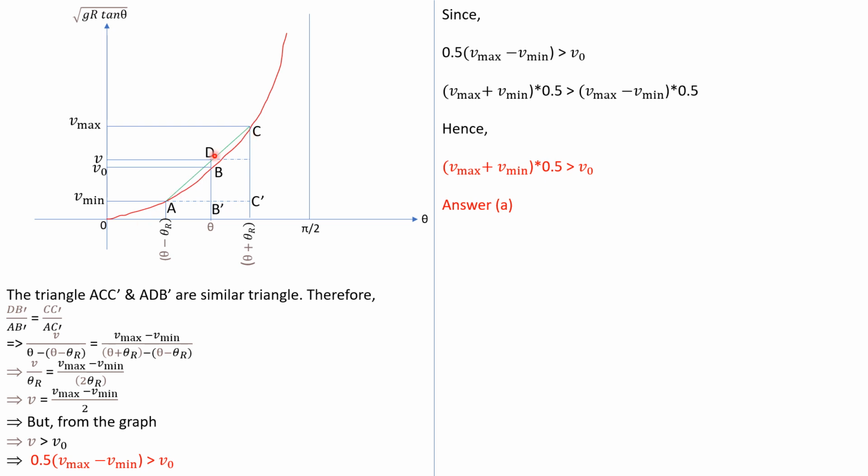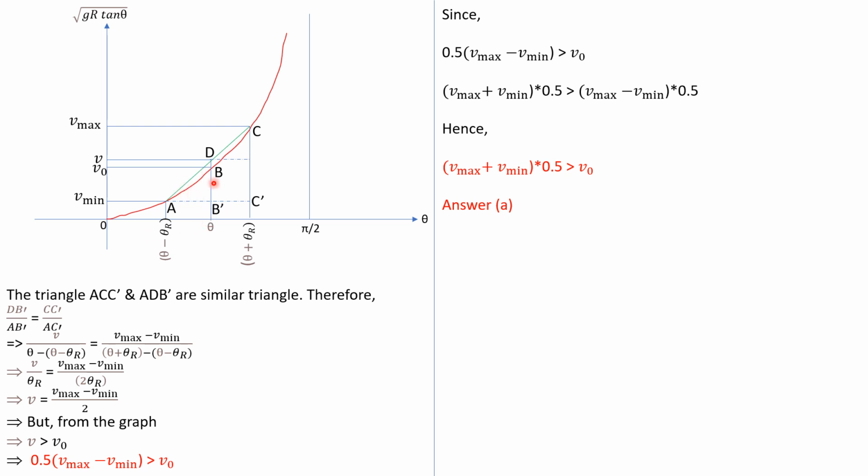Now from the triangles ACC dash and ADB dash, we can see that these two triangles are similar. Why? Because this is 90 degrees in ADB dash and this one is 90 degrees in ACC dash, and angle CAC dash and DAB dash is the common angle.